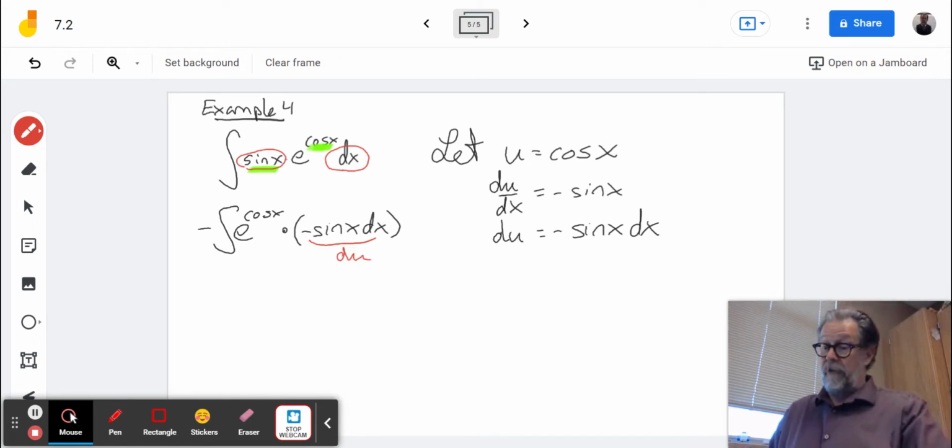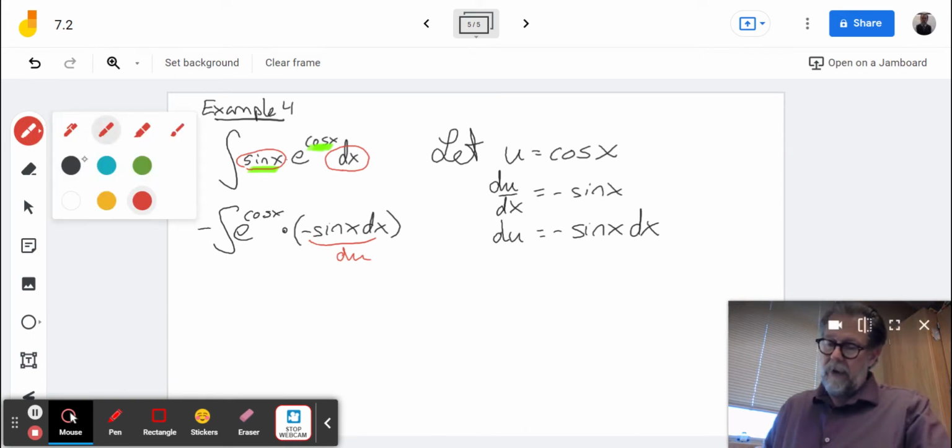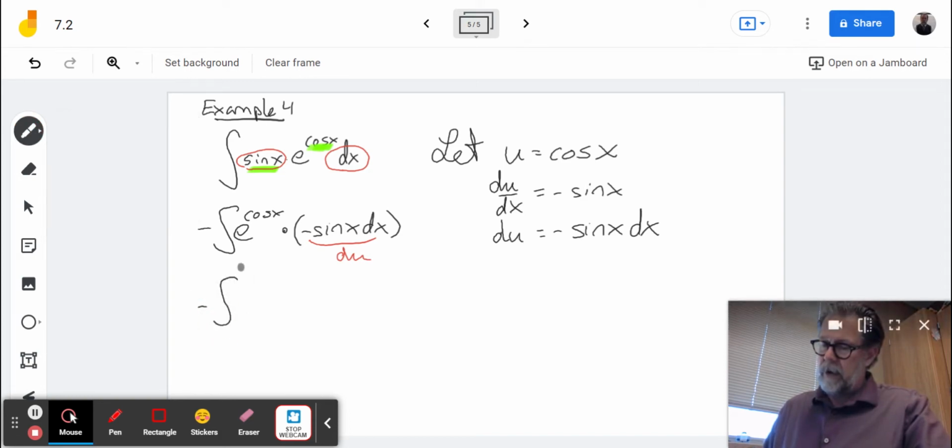Notice I put a negative out front when I put a negative inside because my two negatives canceled each other out. And now what I have is very simply negative integral of e to the u du.